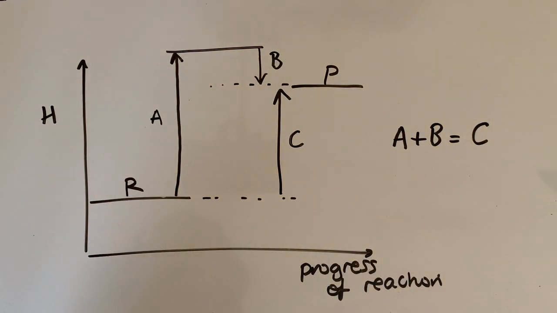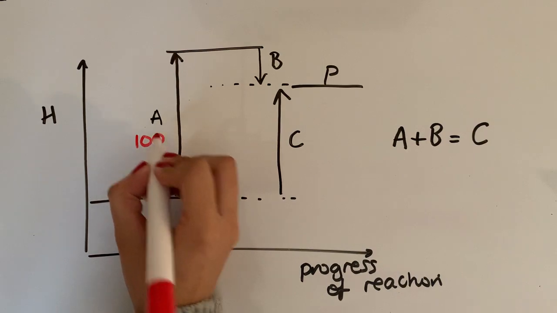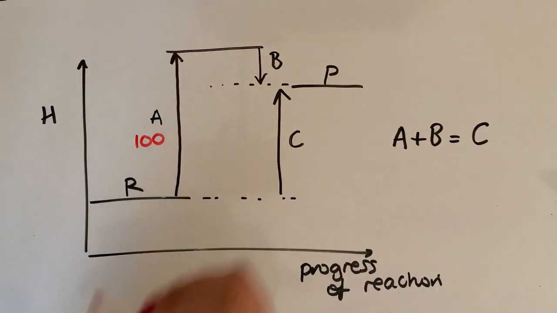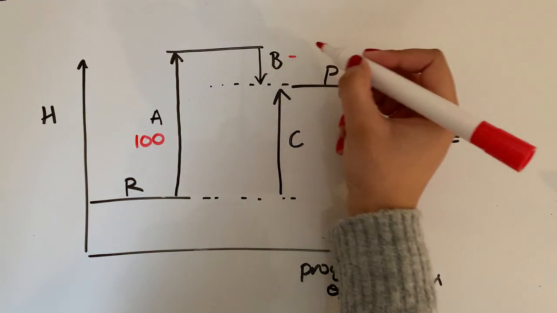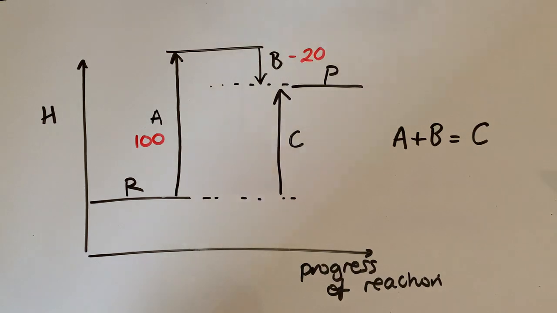So let's say that A is 100. So this value from here to here is worth 100 kilojoules per mole. And B over here is, because it's a downward facing arrow, let's say that that's minus 20. So if we're given the values of the indirect route, we can work the value of C out.